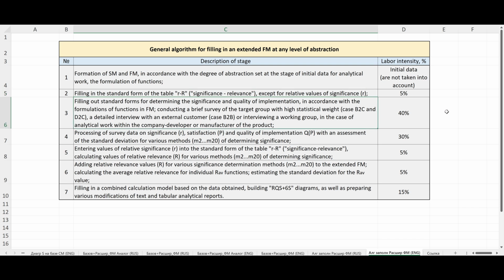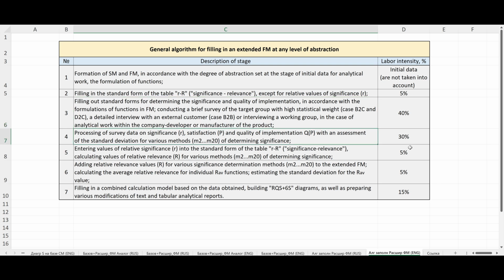A short survey of the target group with a high statistical weight is conducted. In the case of B2C or D2C, a detailed interview with an external customer; in the case of B2B, or an interview of the working group in the case of analytical work within the company developer or manufacturer of the products.